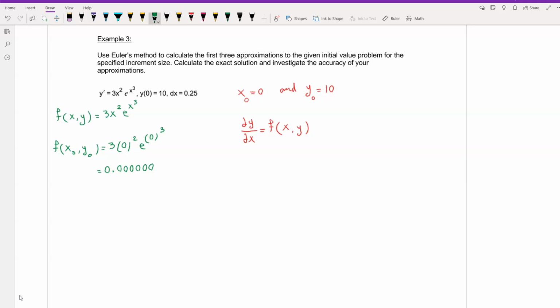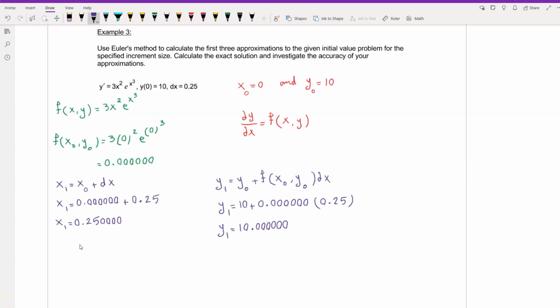Now use x sub 0 and y sub 0 and dx to find x1, y1, again rounding to 6 decimal places. So x1 is equal to x sub 0, which is 0, plus dx, which is 0.25. So x1 is equal to 0.250000. Now finding y1, that is equal to y0, which is 10, plus f of x sub 0, y sub 0, which is 0, times dx, which is 0.25.